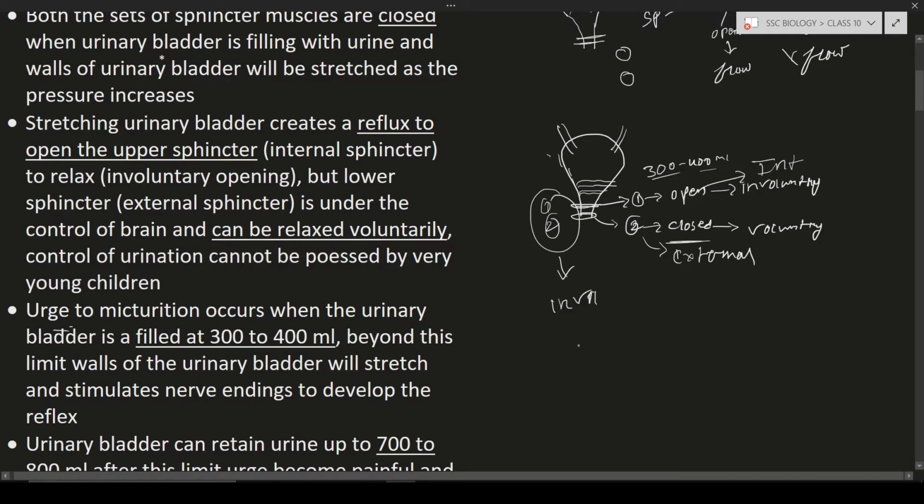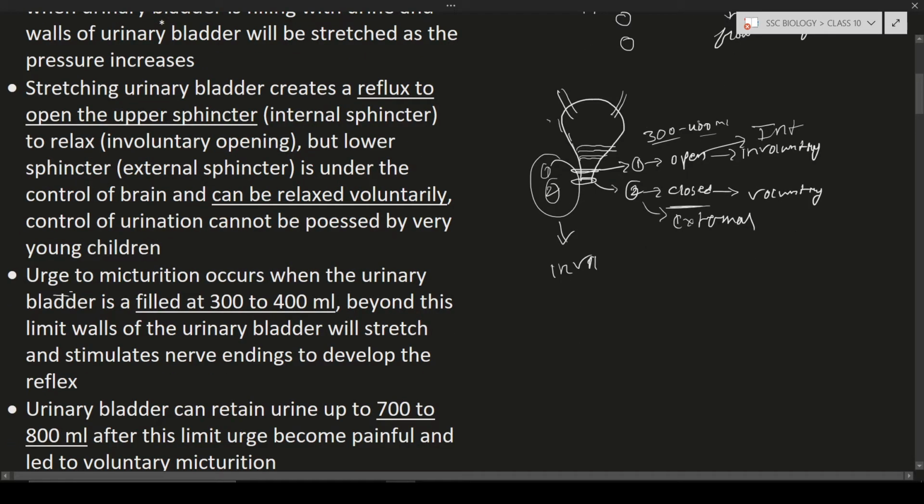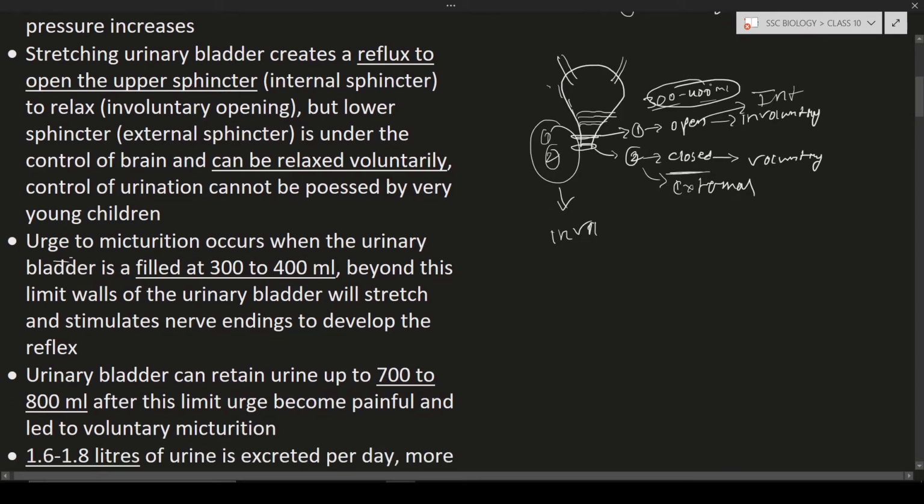A person can feel that urine has filled the urinary bladder to some extent when it reaches 300 to 400 ml. This urge, the wish to urinate, occurs at 300 to 400 ml of urine.